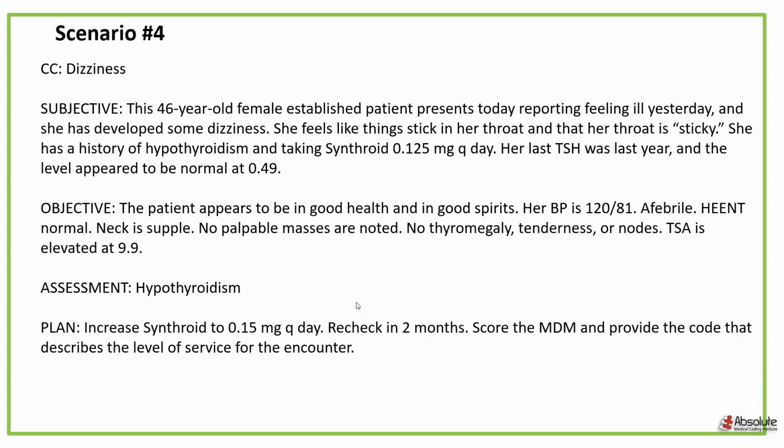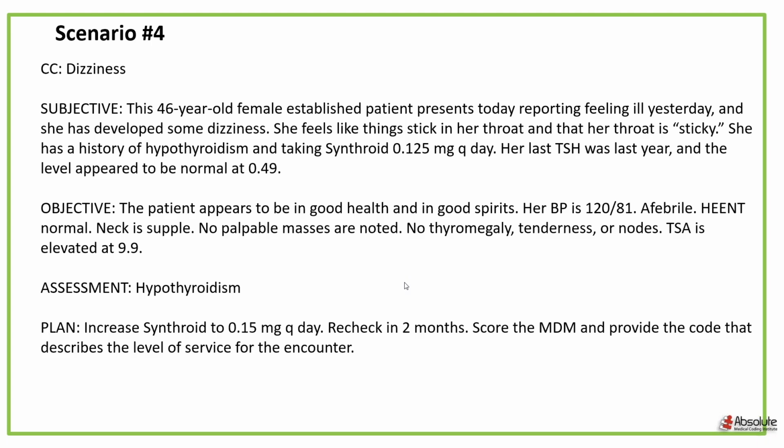Objective: the patient appears to be in good health and in good spirits. Her blood pressure is 120/81, afebrile, HEENT normal, neck is supple, no palpable masses are noted, no thyromegaly, tenderness, or nodes.